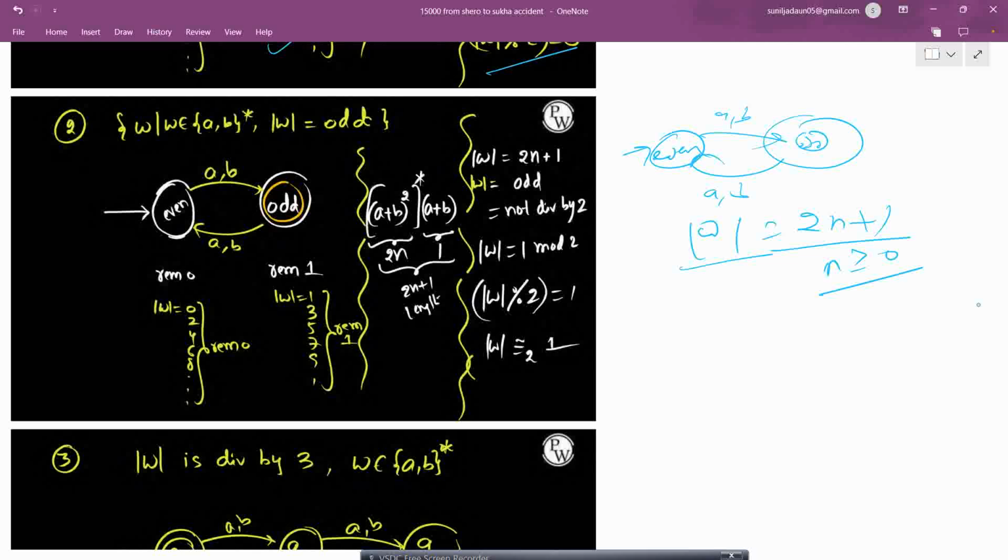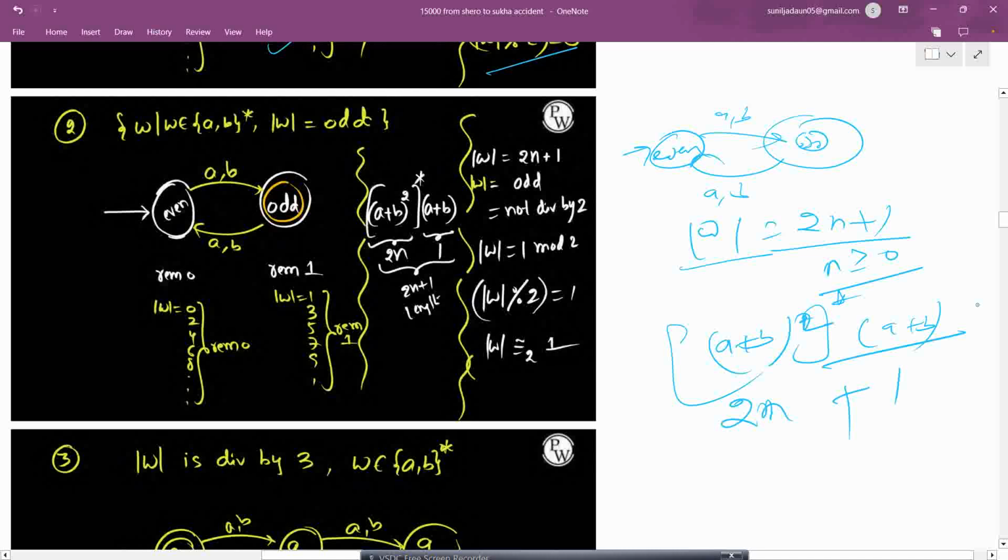What are the remainders here when divided by 2? 0 and 1. Or not divisible by 2, right? And a regular expression for this is (a+b) squared star times (a+b). So this is also the case: 2n plus 1, length.